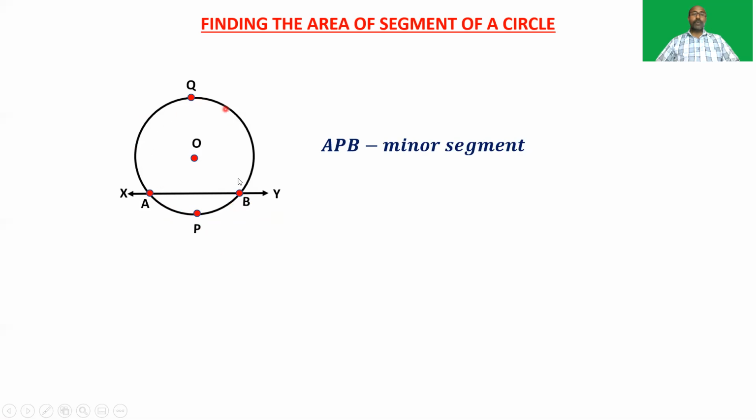Then AQB is the major segment. Now draw radii from O to A and B. OA and OB are the radii of the circle.